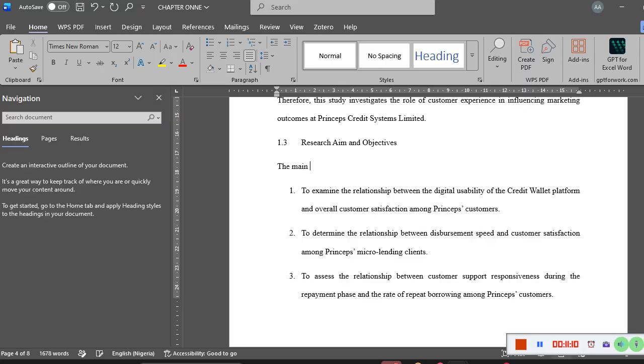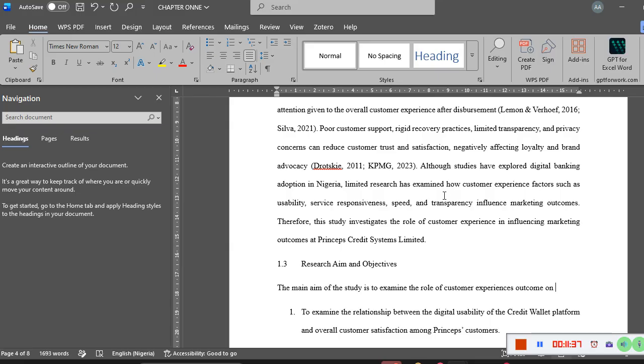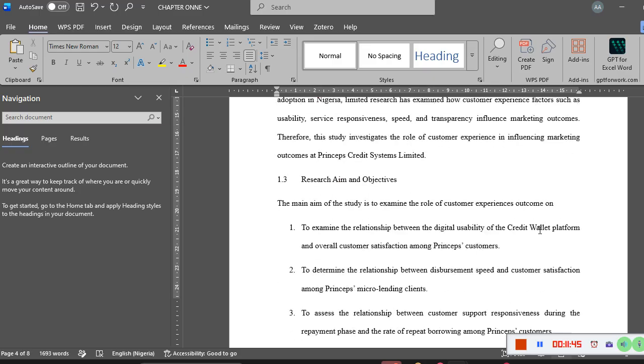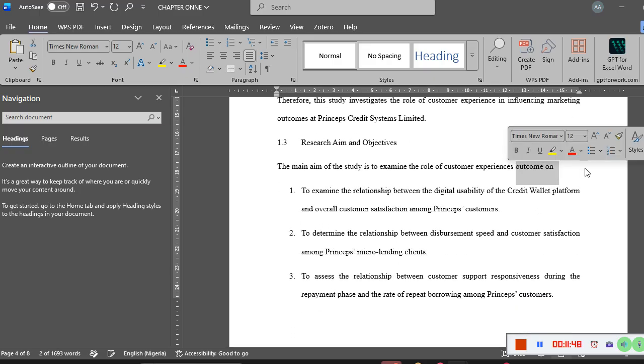The main aim of this study is to examine the role of customer experience outcome. So let me fetch the topic. Okay, customer experience in influencing marketing outcome.